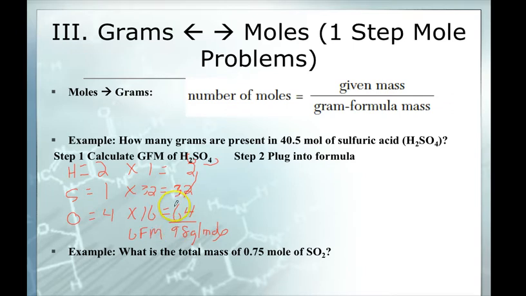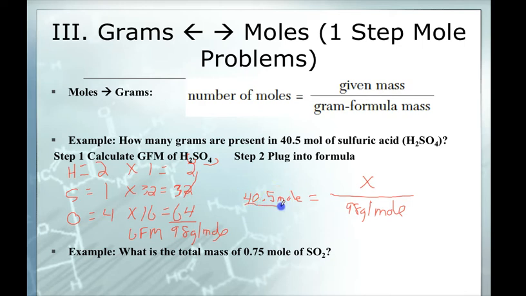So now we have everything that we need to plug into the formula. So we have the number of moles is 40.5 moles. We don't have the given mass, that's what we're looking for, but we do know the gram formula mass. It's 98 grams in a mole. So in essence, we end up cross multiplying because we want to get x by itself.